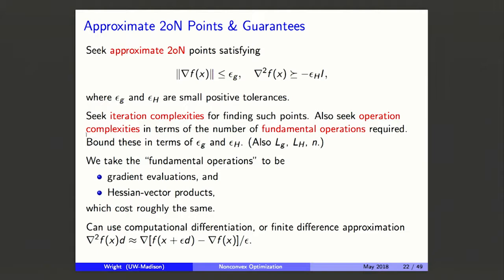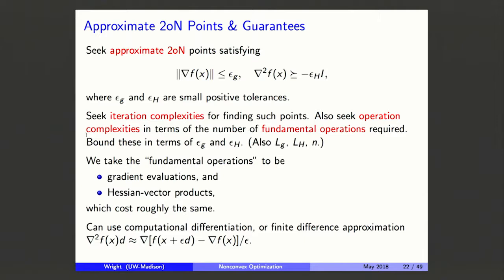So what do I define the fundamental operations to be for purposes of this talk? I'm going to say that the basic operation is either a gradient evaluation or a Hessian vector product, that is, a product of the Hessian with an arbitrary vector. I'm not going to be assuming that we're required to compute the Hessian explicitly. All I require is that if you give me a vector, I have to be able to tell you what the product of the Hessian with that vector is.